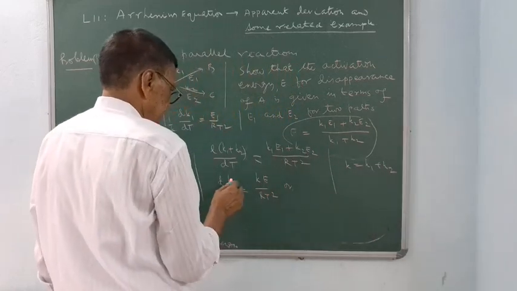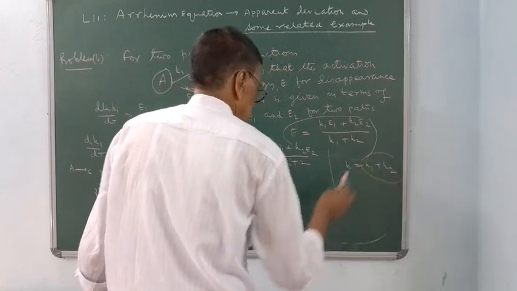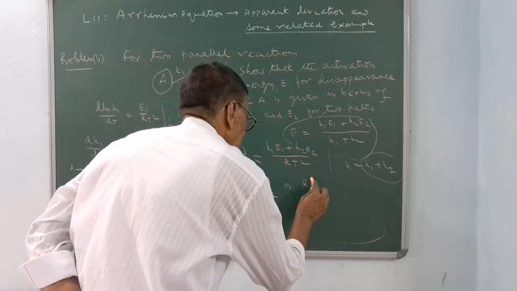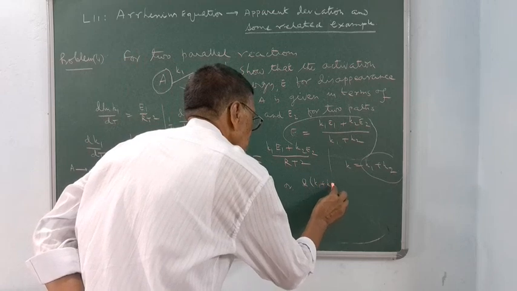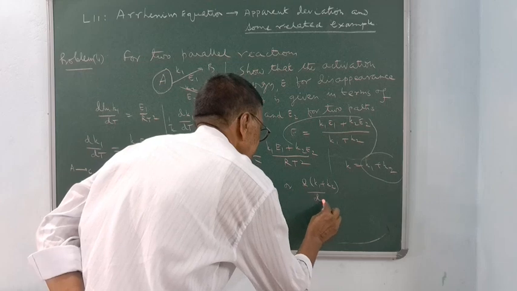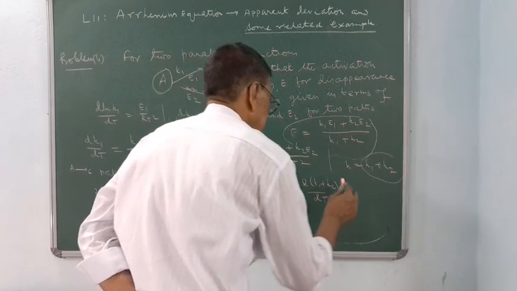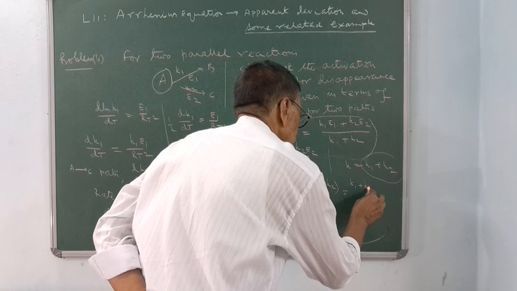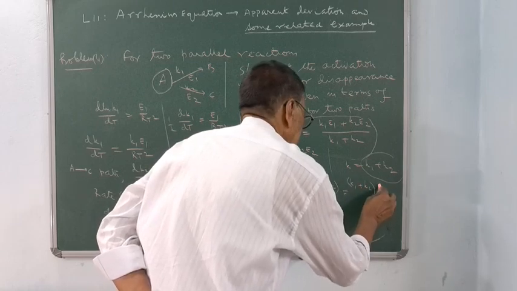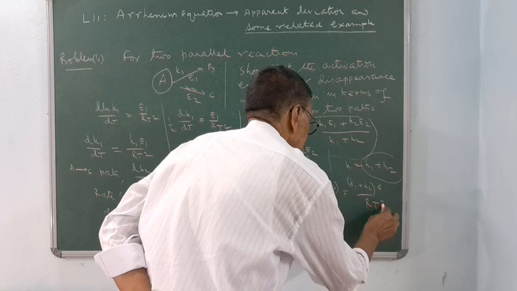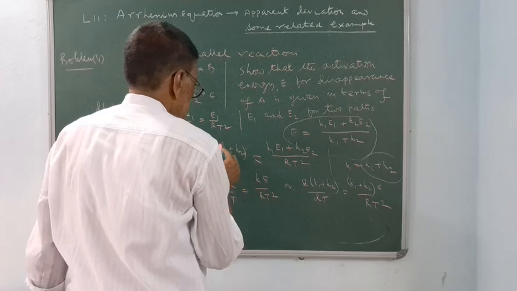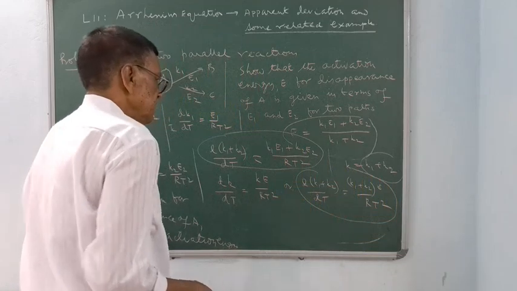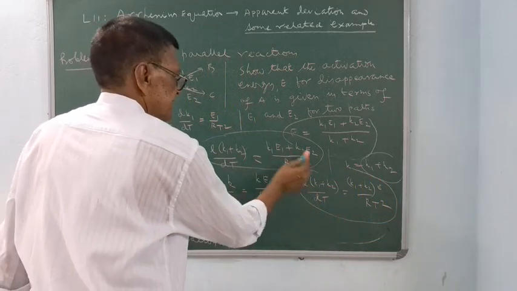So instead of K, we can write K1 plus K2: d(K1 plus K2) by dT equal to (k1 plus k2) E divided by RT square. Equating these two, the left-hand side is the same, so the right-hand side is also the same.